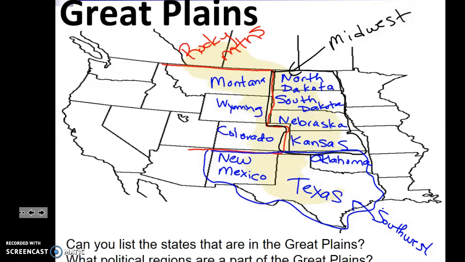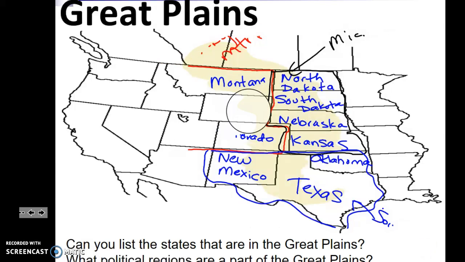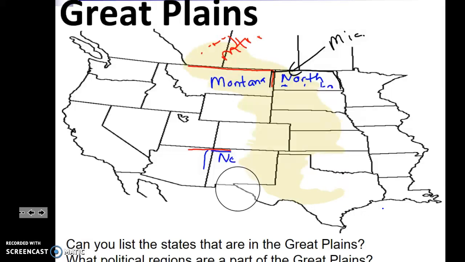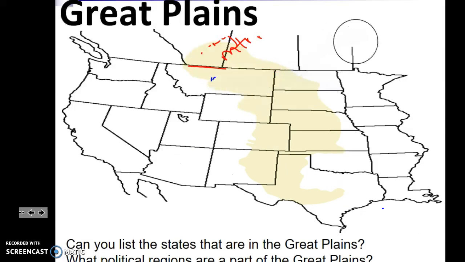And of course, I've already told you the answer to the first question. Can you list the states of the Great Plains? And they're right here. Okay. So make sure you have this on your map. Feel free to rewind it and listen to me talk again. All right. Let's finish our tour or keep going.